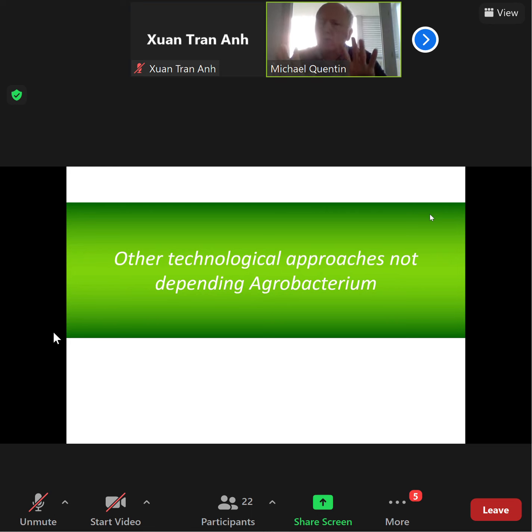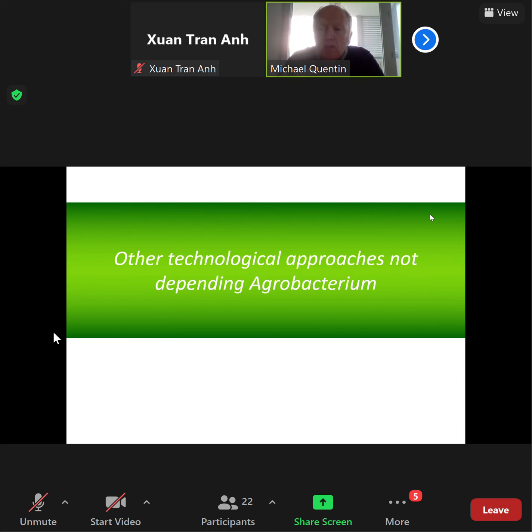And I told you with Agrobacterium tumefaciens, it's possible to transform more than 60% of the plant species. When we are not able to use Agrobacterium tumefaciens, it may be possible to use some other agrobacteria, mainly Agrobacterium rhizogenes.